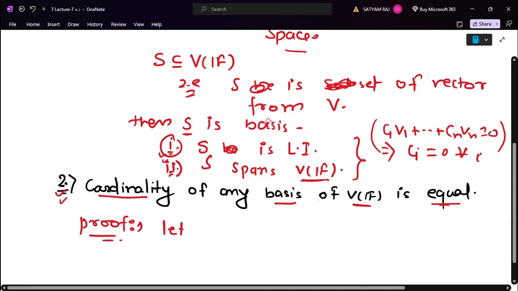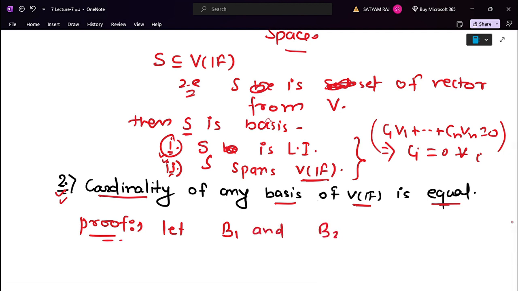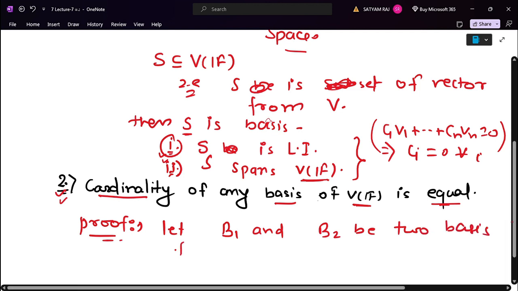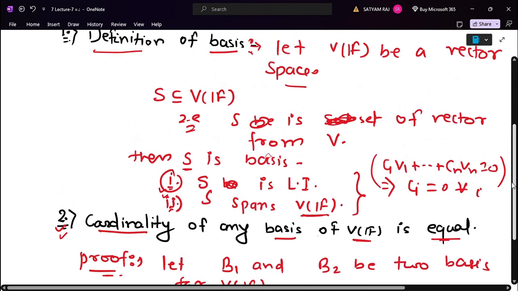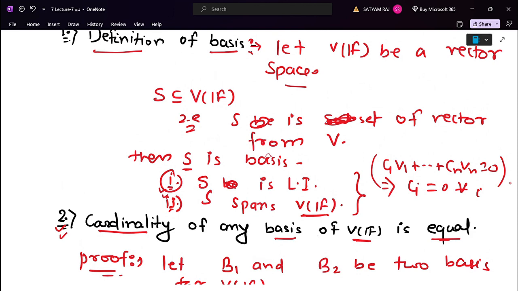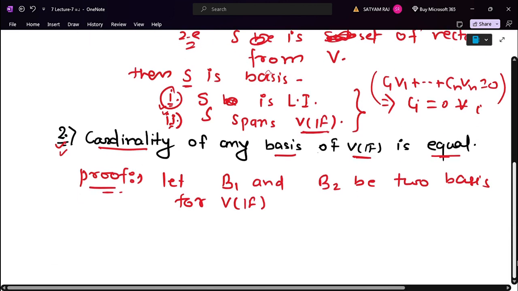Let B1 and B2 be two bases for vector space V over F. We have two bases, and we have the definition of basis. It means it is linearly independent and it should span the whole vector space.